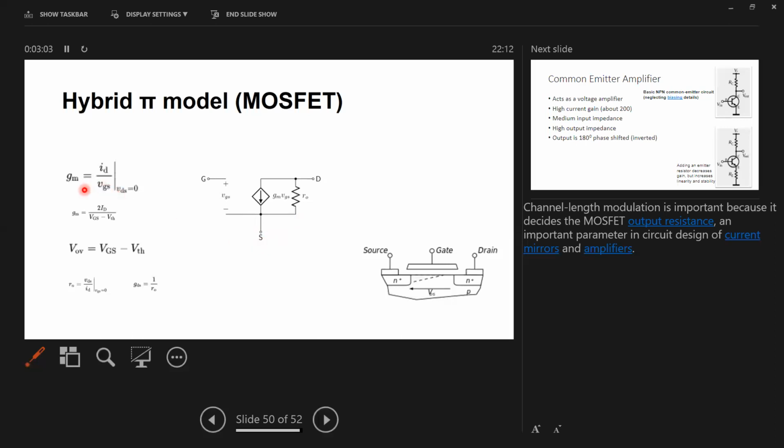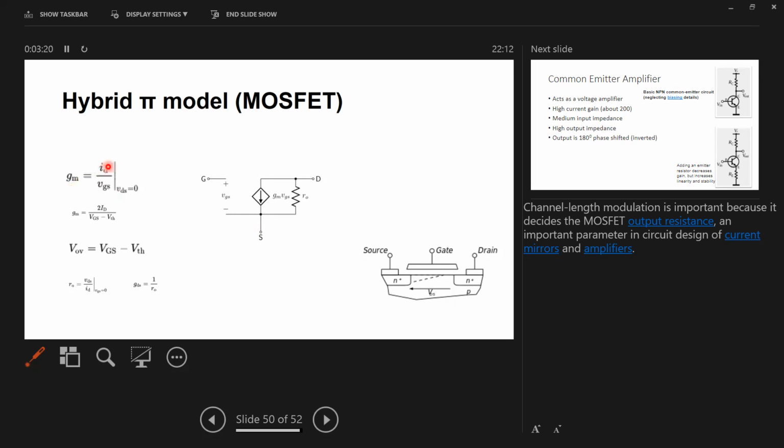You have a parameter called gm, which is transconductance. Transconductance is the ratio of output current to input voltage, so it's a particular type of gain.